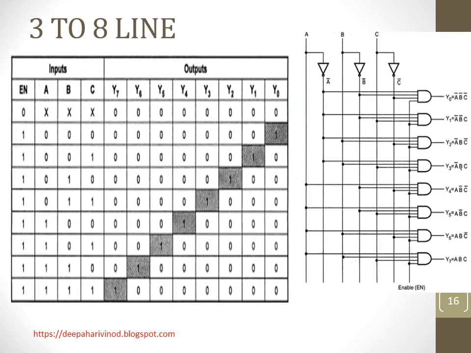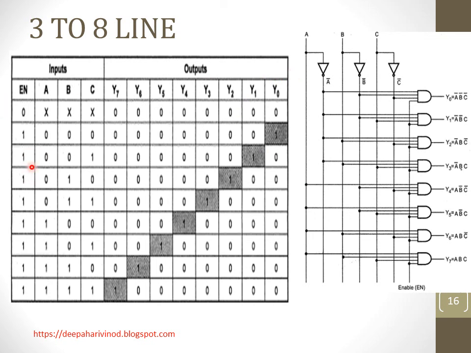Here we can see a 3 to 8 line decoder. So here we have 3 inputs and 8 outputs. A, B, C are the 3 inputs and these are the various outputs. 2 raised to 3 means we have 8 different combinations, that is Y0 to Y7. So depending upon the input combination, the corresponding output will be high.